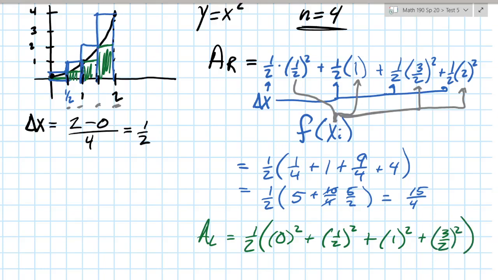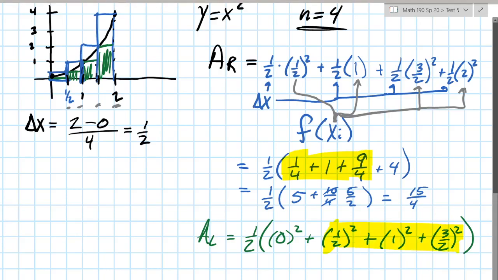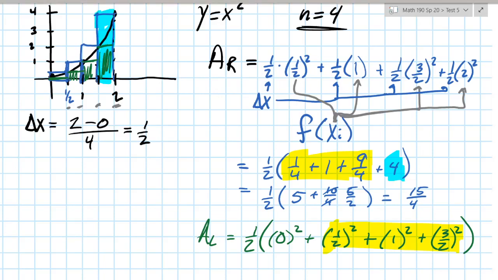What I'd like to point out is this and this look the same. The only difference, when you think about it, will be the first and the last rectangles, because of the way we're picking: right-hand endpoints give us that tall one, or the left-hand endpoints give us that small one. All the others are the same.